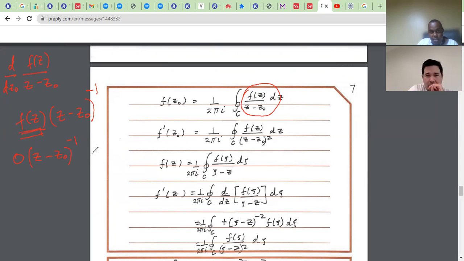And then you keep the first one, f of z, and then you differentiate the second one, which is -1, and then z minus z naught to the power of -2. And then the derivative of this with respect to z naught is going to be -1. Okay. -1 times -1 is positive. So your final answer becomes f of z divided by z minus z naught squared. That's right. Okay.